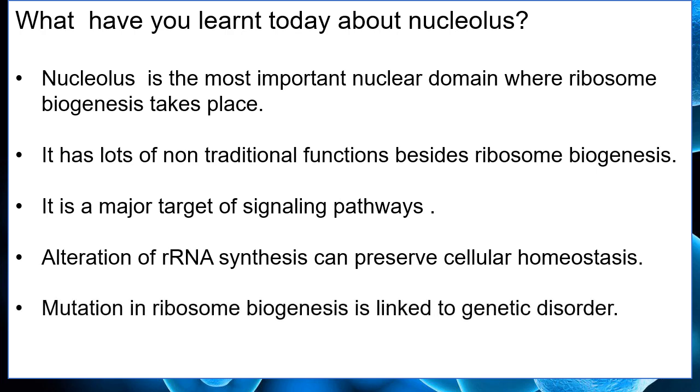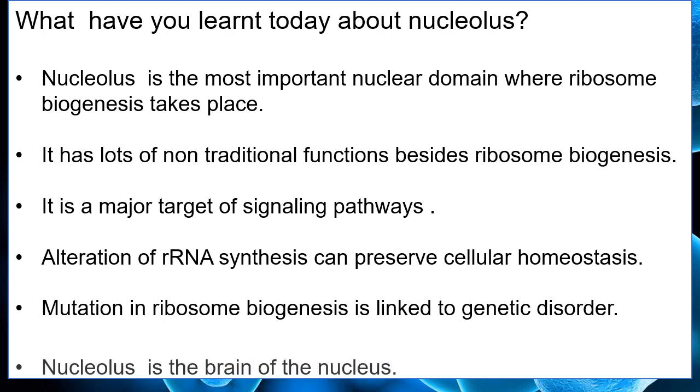Again, mutation in ribosome biogenesis is linked to different types of genetic disorders. So, checking the quality of the ribosomes during their production is an important phenomenon of ribosome biogenesis.